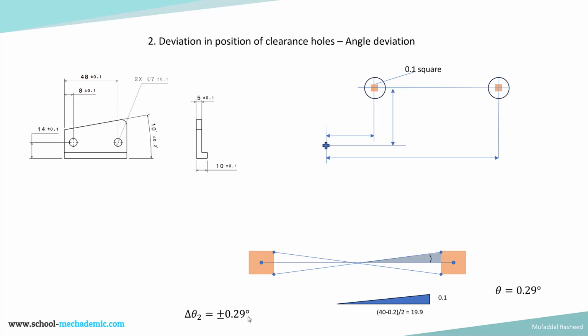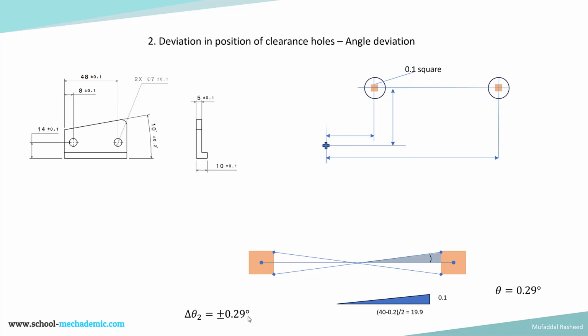As the position of the holes on the base block changes, the orientation of the part will eventually match the position of the holes on the base block. So we orient the part as per the position of the holes on the base block when assembling. Hence the deviation in position of the clearance hole does not actually stack up. It actually goes into assembly shift.